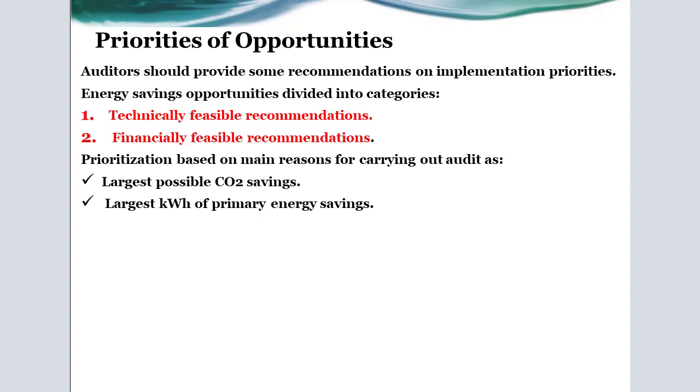And the other reason, we must have the shortest payback period in order to recoup the investment cost of the suggested opportunities, and also must have a high value of net present value and a high value of internal rate of return.